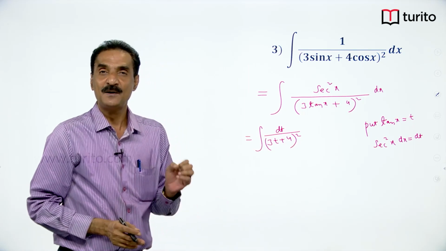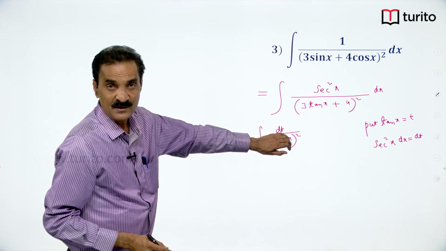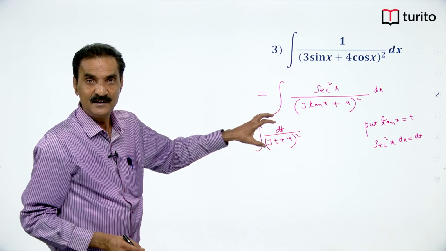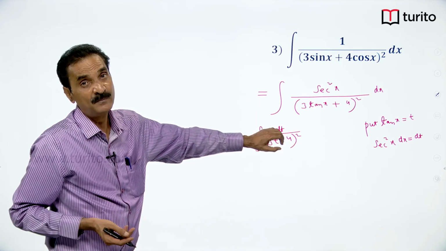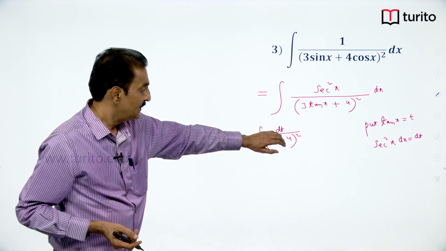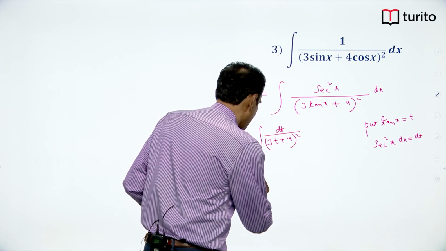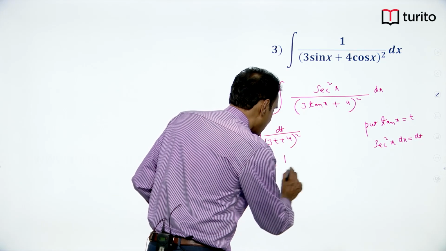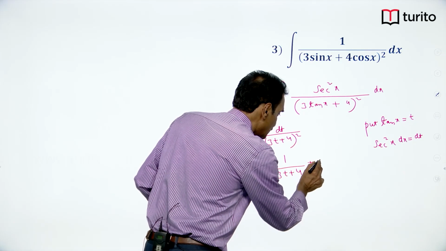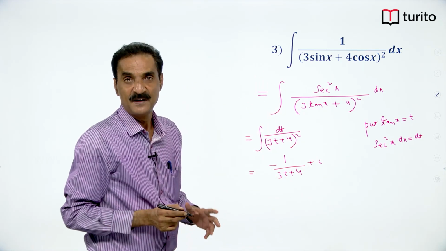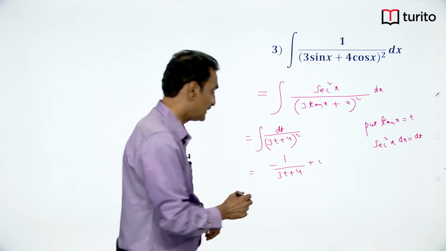What is the integral of 1 by x square? Minus 1 by x. Assume that 3t plus 4 is x, any linear term can be assumed as x, and later we have to divide by inner derivative. Integral 1 by x square is minus 1 by x, so it will be minus 1 by 3t plus 4, but we have to divide by derivative of 3t plus 4, that is 3.